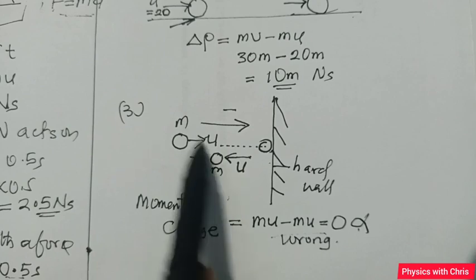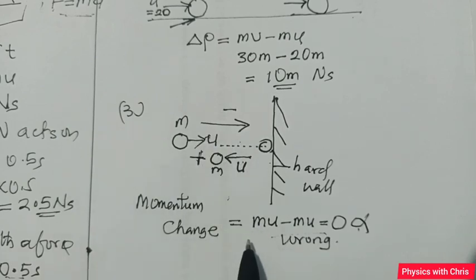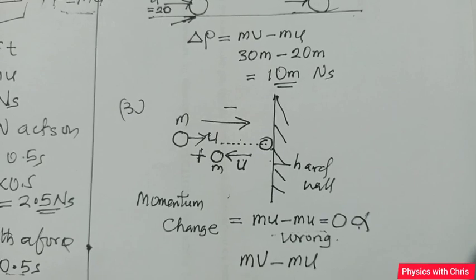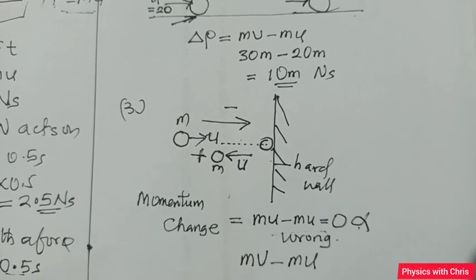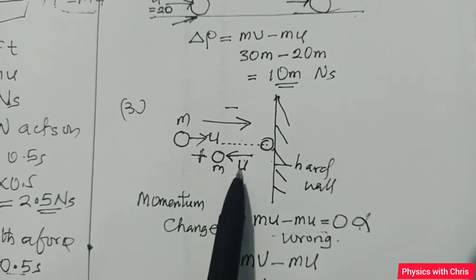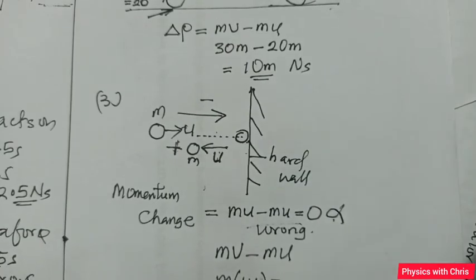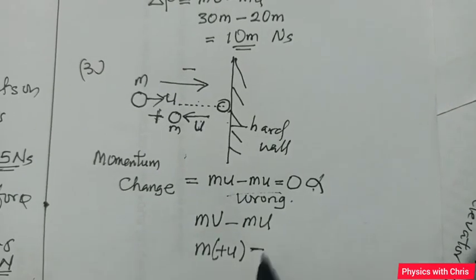So you can see that the two velocities have different directions, meaning that my momentum change, which is final momentum minus initial momentum, will now be written as what? My final is m times positive u, because it rebounds with the same velocity u. Minus the initial, which is m times minus u.